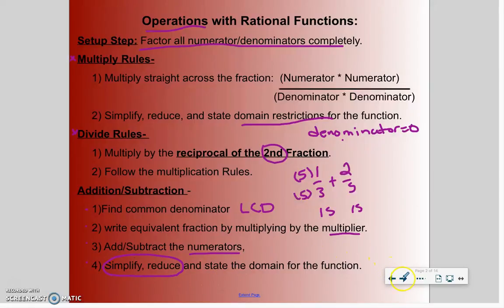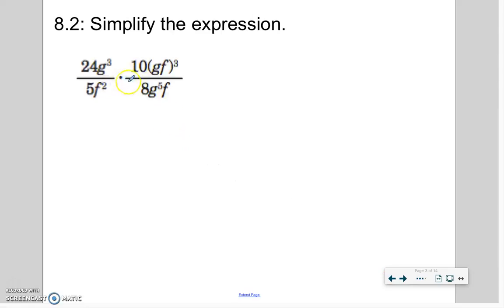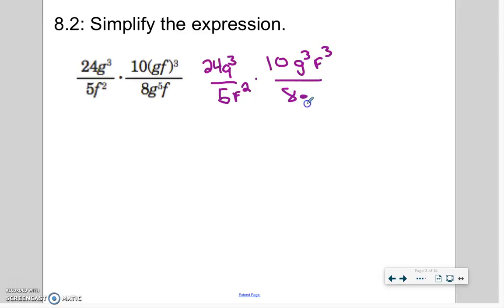So let's just kind of get into an example here. So first one, the operation is multiplication. So we're going to kind of take care of everything we have on the numerator. You can't simplify here. You can't simplify here. Here we got 3 of these. So I need to write this as 24g cubed over 5f squared times 10g to the third f to the third all over 8g to the fifth f.